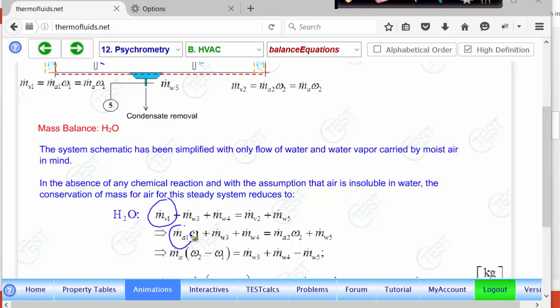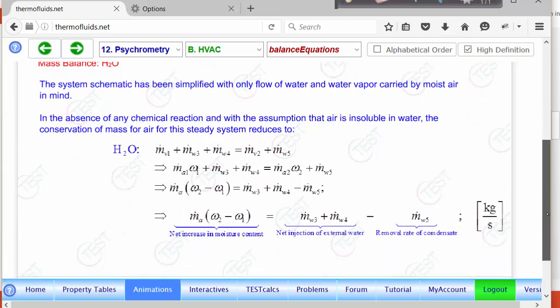So therefore, here also you can very quickly convert the vapor that is entering in terms of dry air that is entering times omega. Similarly, you can see the vapor that is going out with the moist air is given by this term. And by little manipulation, the equation becomes very simple. So from now on, whenever you see moist air entering somewhere or leaving somewhere, you have to think in terms of there is some dry air and water vapor.